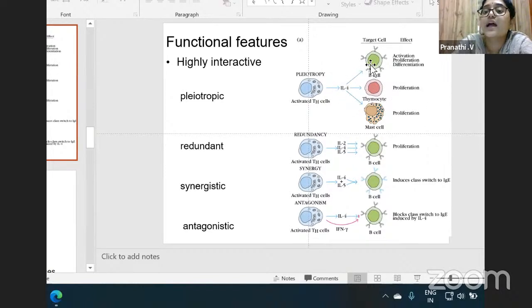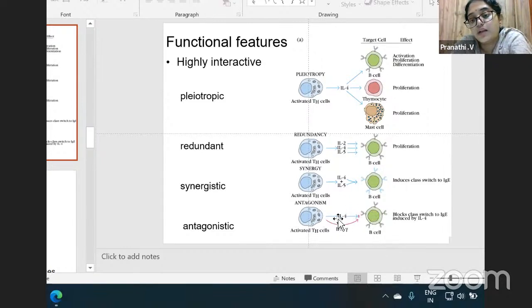Whereas if interleukin 4 acts on a B cell, it helps in proliferation, differentiation, and activation. Synergistic means, for example, that two cytokines together act on one cell. You can see a redundancy example here: interleukin 2, 4, 5 all act on the same cell and induce the same function, that is proliferation of B cells. They can also be antagonistic in nature, that is, one cytokine can inhibit the effect of another cytokine.